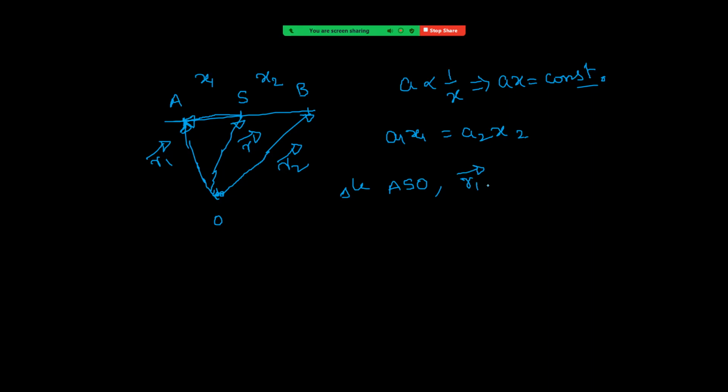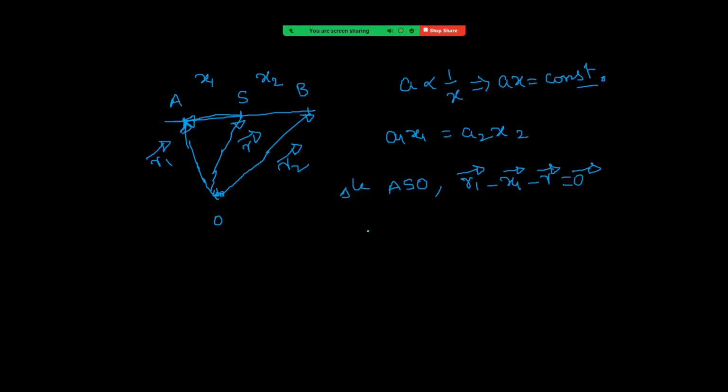R1 bar minus x1 bar minus R bar equal to 0 bar, right? See carefully once. R1 bar minus x1 bar. Why minus? We are moving opposite to the direction of that vector. Minus x1 bar minus R bar. Again moving opposite to R bar, right? Therefore, R1 bar minus x1 bar minus R bar equal to 0 bar, right? From this, we can get x1 bar, right?